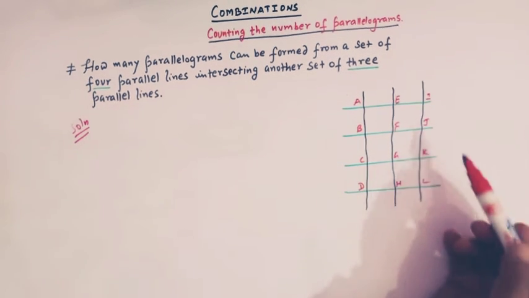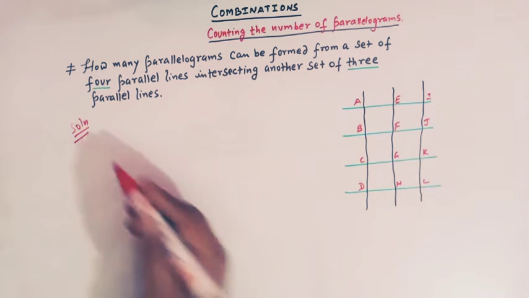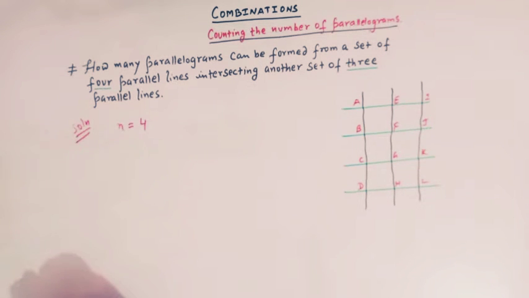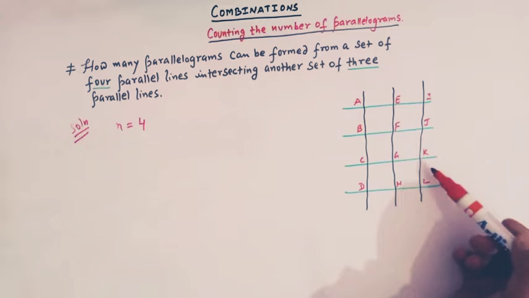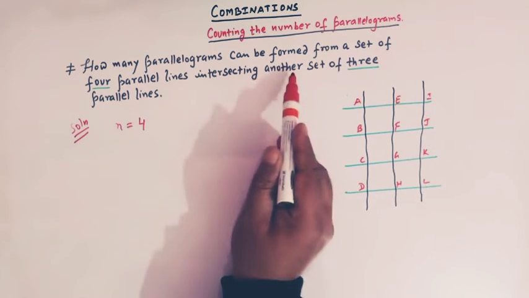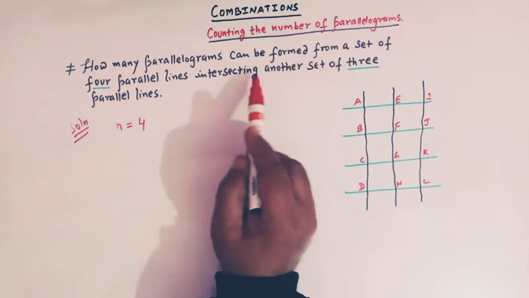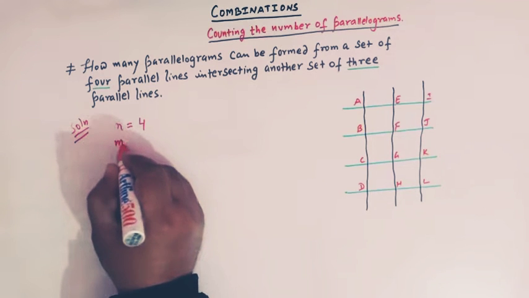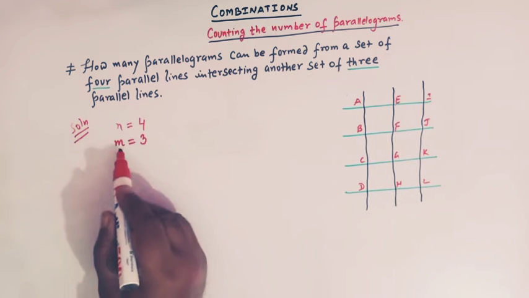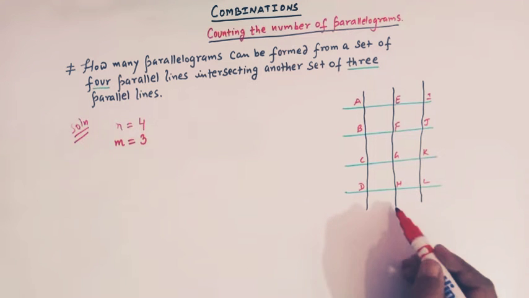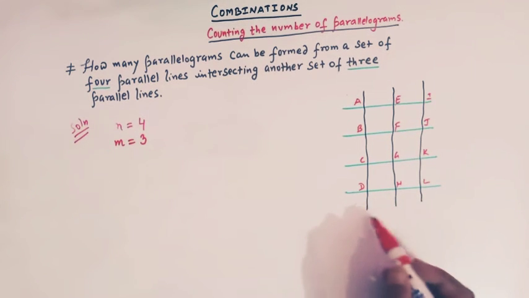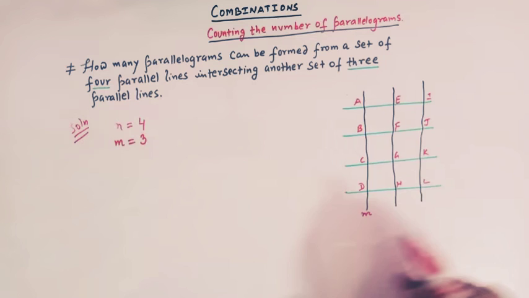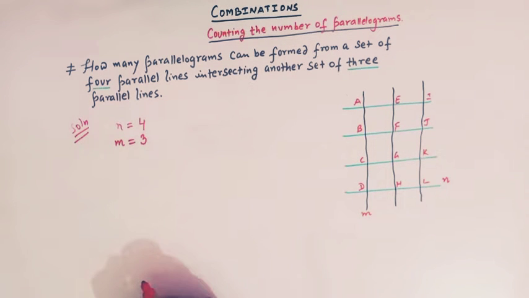Let us denote the green lines by n, and the value of n is 4. The other set of parallel lines is 3, so let us denote it by m and take the value of m as 3. We have denoted the black lines by m and the green lines by n.